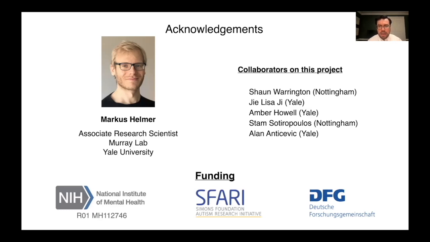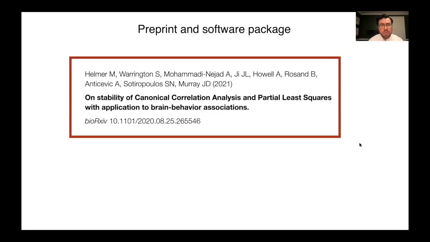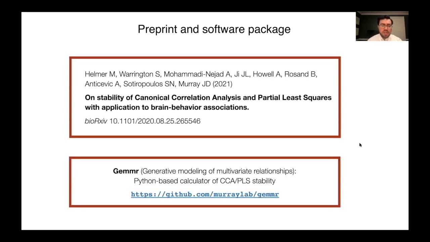So here are our collaborators and our funding sources. I'd also like to point out that we have recently released a preprint and software package related to this talk, and therefore, if you'd like to learn more, I would encourage you to check out our bioRxiv preprint, as well as our software package called GEMMR for calculating CCA and PLS stability.